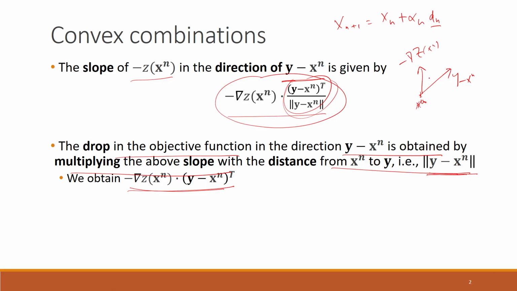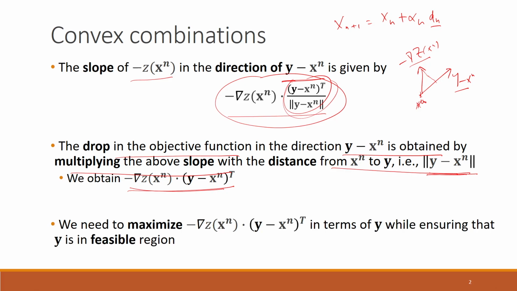Since we are going in this direction, we need to determine the projection of that here. That is why we are taking the dot product. So we need to maximize minus gradient z at xn dot product with y minus xn transpose, but we need to make sure that this new point y is in the feasible region.